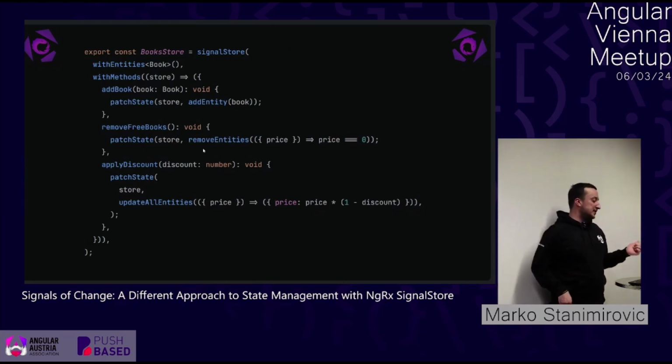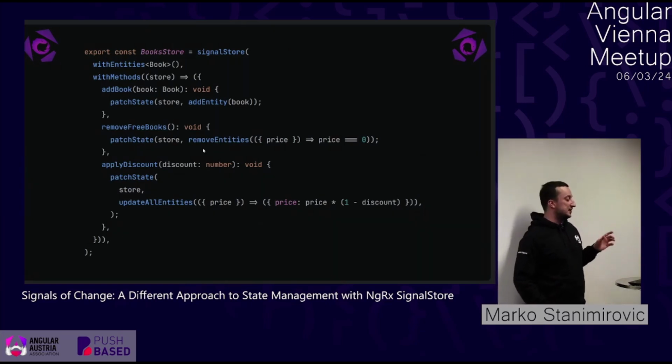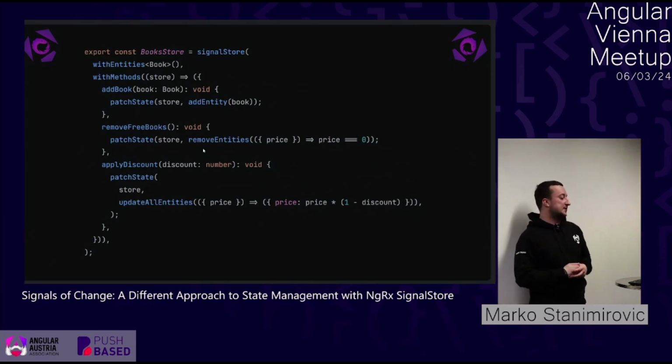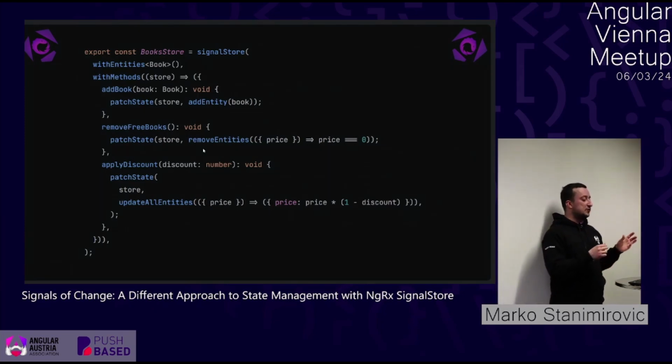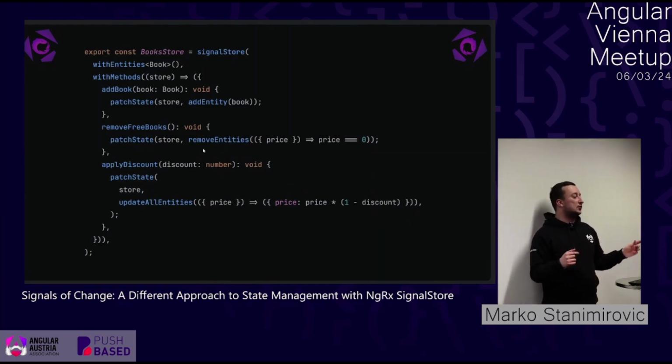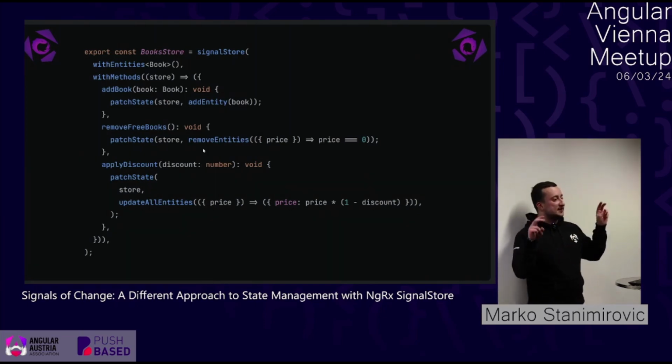So the first reason is tree shakeability, and the second reason is the signature of patchState, actually. Here we come to another reason why patchState accepts a sequence of updaters as arguments. So now we can use addEntity, we can create some custom updaters and use them together in a single patchState call to update our state in a single transaction, let's say.